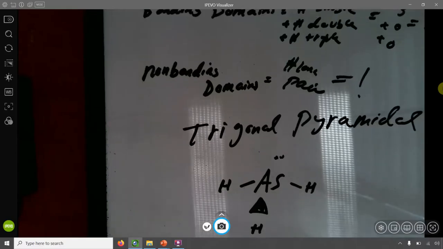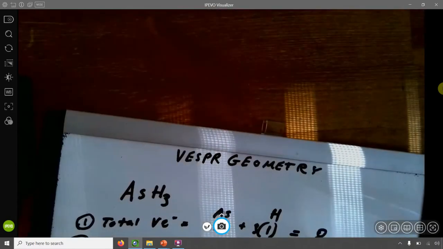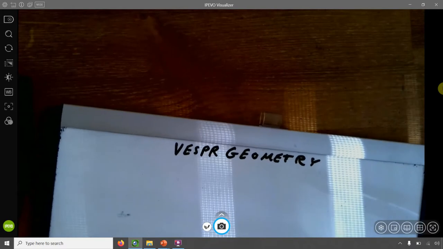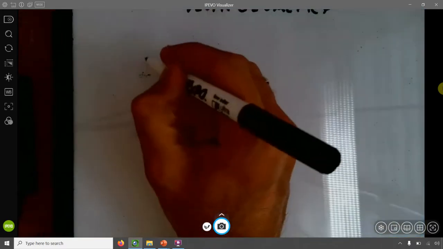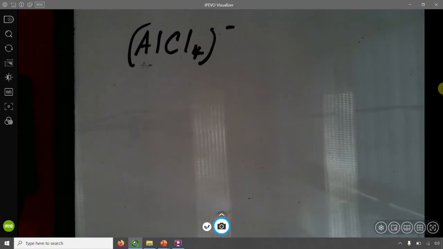Let's look at another example. I don't know how many I have. I have quite a few. Let's do the same thing for AlCl4 minus. What does this look like? It's AlCl4 minus. This is a polyatomic ion. So let's do the Lewis structure.